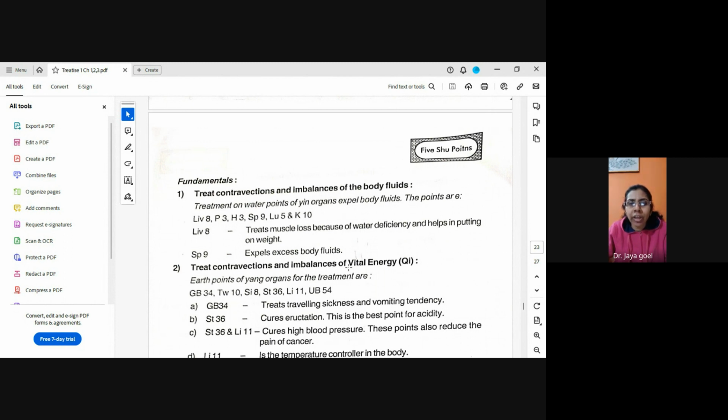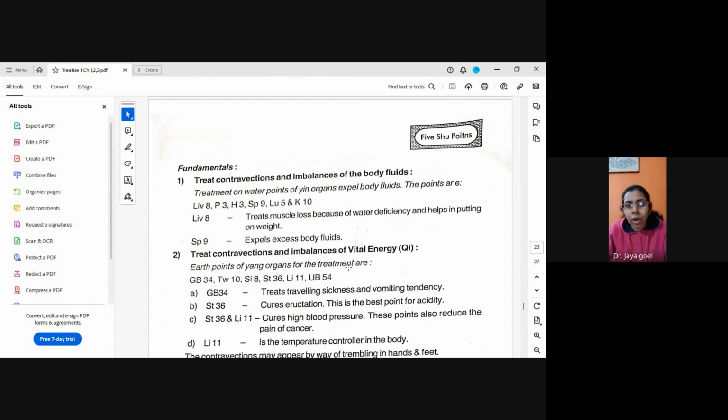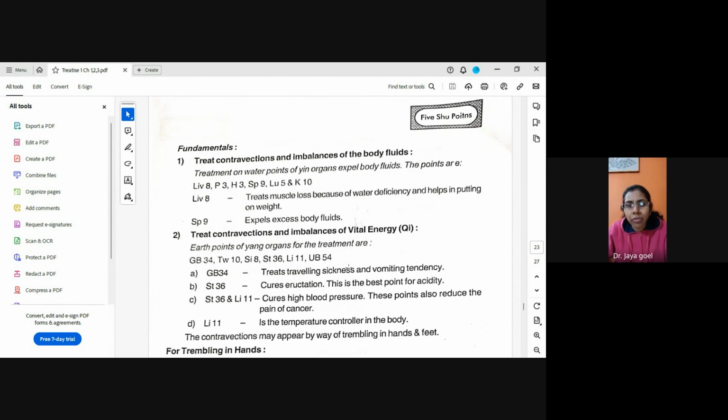Treating the contraction with the imbalance of vital energy. For treating imbalance of body fluid, we give the water point of the yin organ, and for imbalance of vital energy, we give the earth point of the yang organs.